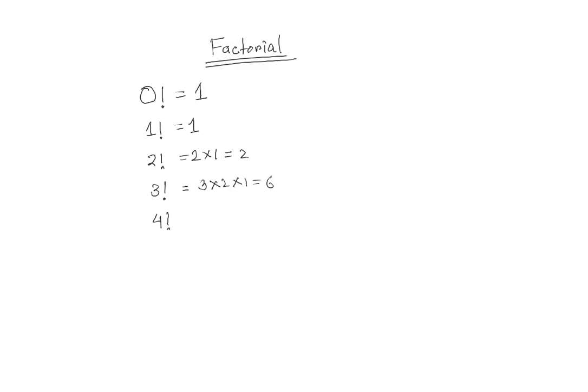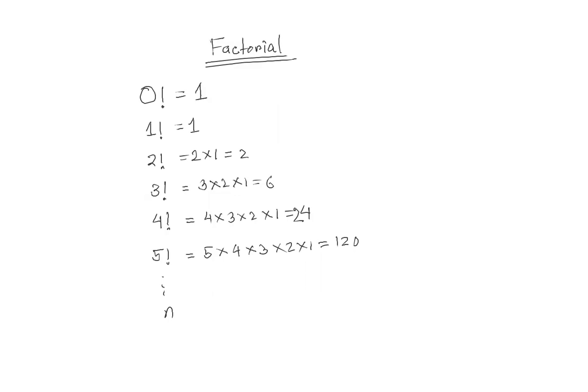4 factorial is 4 times 3 times 2 times 1, which is, oops, 24. 5 factorial is 5 times 4 times 3 times 2 times 1, or 120. And you get the idea.